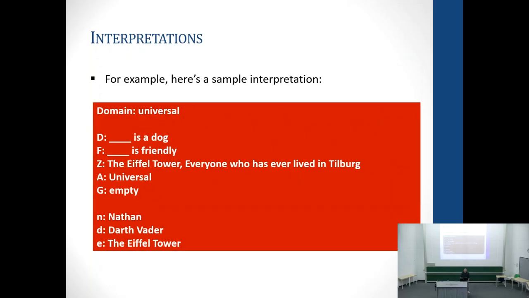So here's a sample interpretation. Note it looks a whole lot like a symbolization key. But importantly, it's slightly different. We can fix the extensions of predicates indirectly, which is how we've been doing it, or it might fix the extensions of the predicates directly. Just telling us, here are the things from the domain that satisfy this predicate.